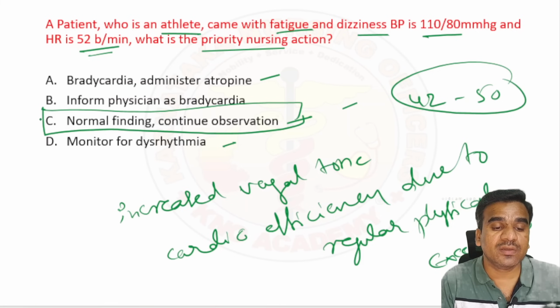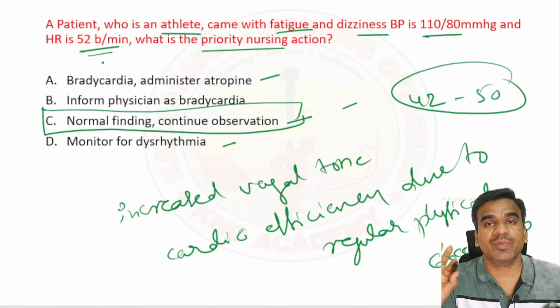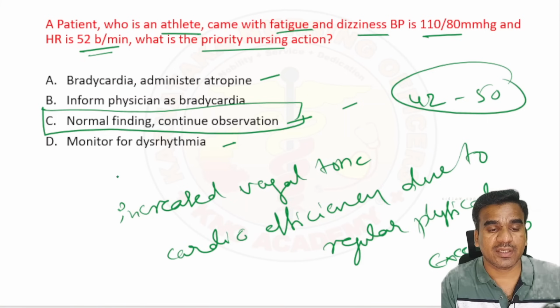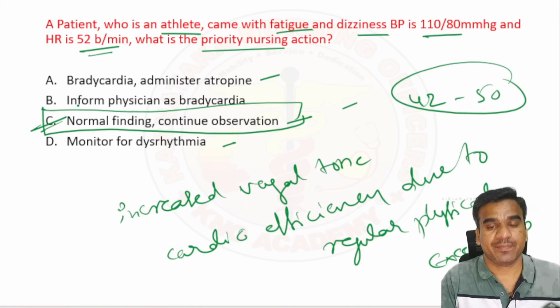So because of this, there will be the presence of bradycardia. So no need to administer atropine. The right answer is A, it's a normal finding.